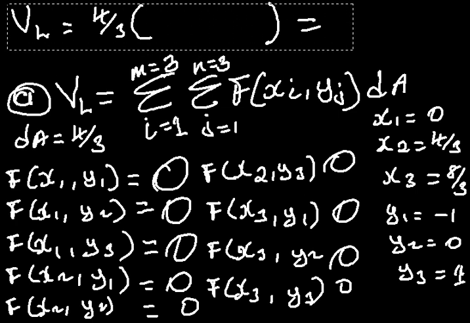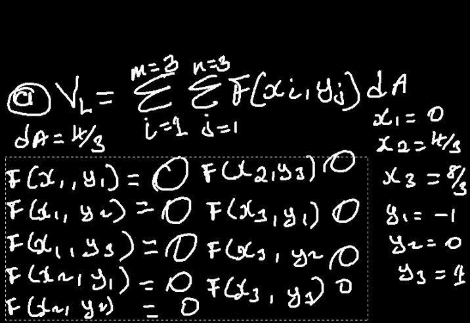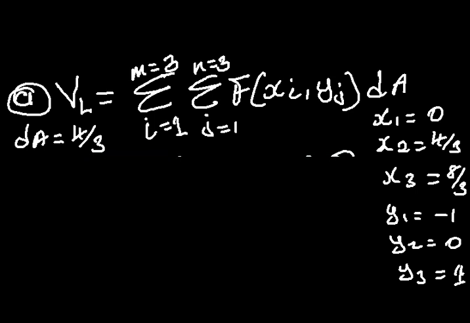And now let's use the midpoints. Let's use the sample points as the midpoints. And how should you have it? Now, the principle remains the same using the midpoint rule.